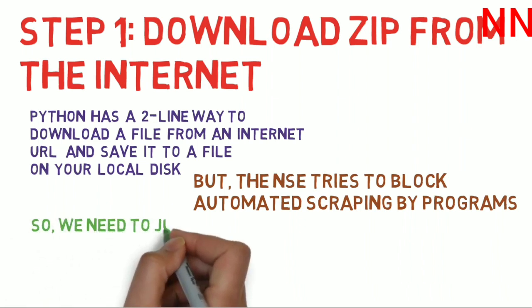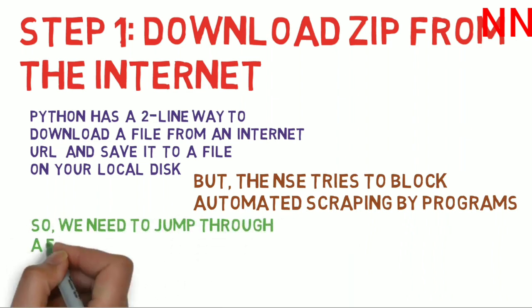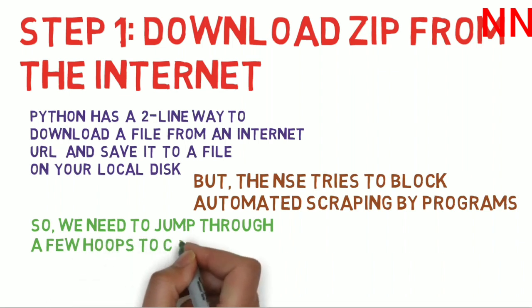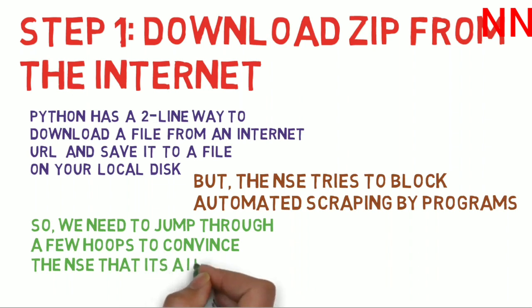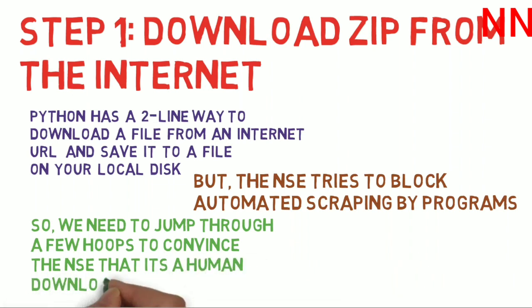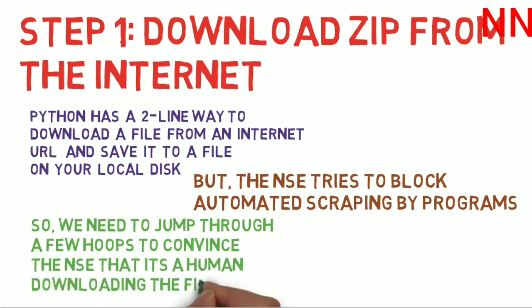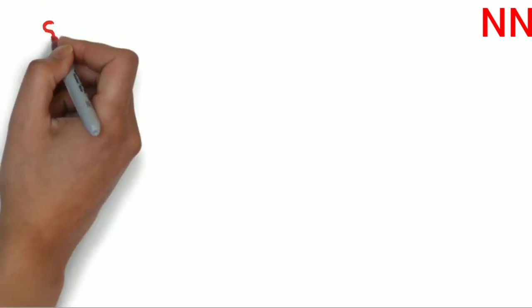So we need to jump through a few hoops to convince the NSE that it's a human downloading the file and not a program. At the end of step 1, you should have a zip file in a location that you specified on your local disk.